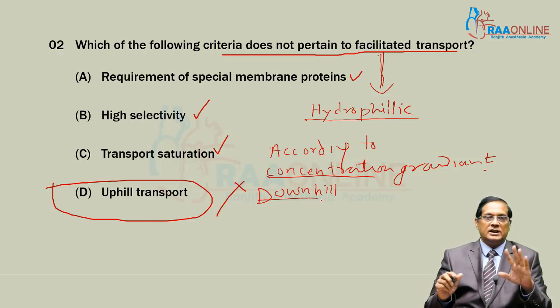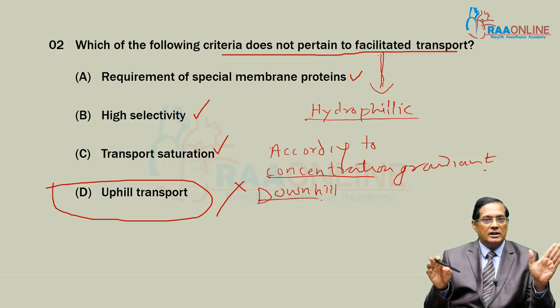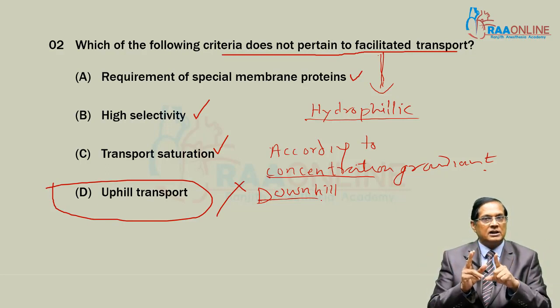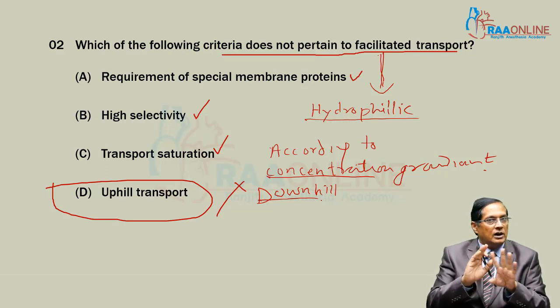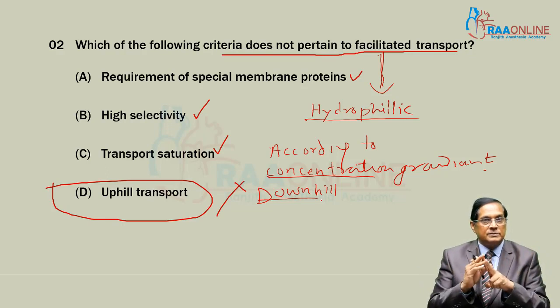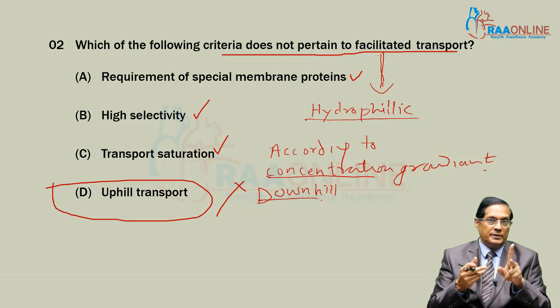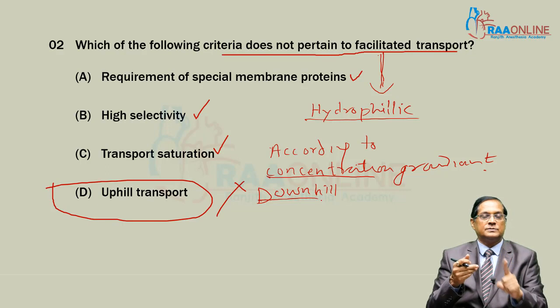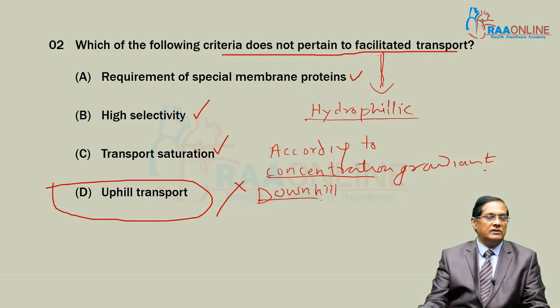In simple diffusion there is no barrier, no proteins are required, whereas in facilitated transport as well as active transport, specific proteins are required. But facilitated transport is according to the concentration gradient and active transport is against it. This is the basic difference between uphill and downhill. In uphill transport energy is needed, it is not required in facilitated transport.